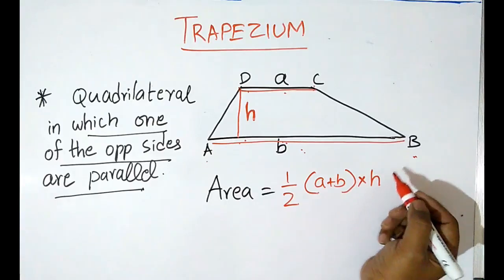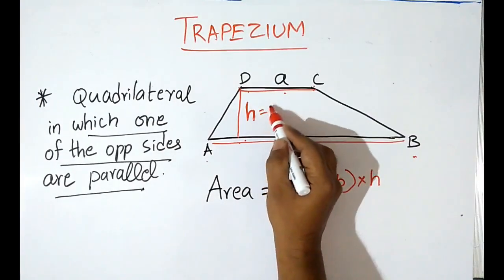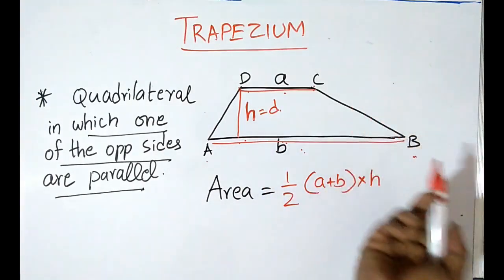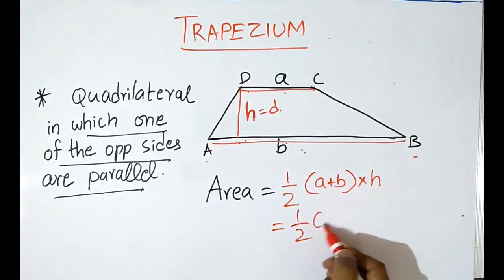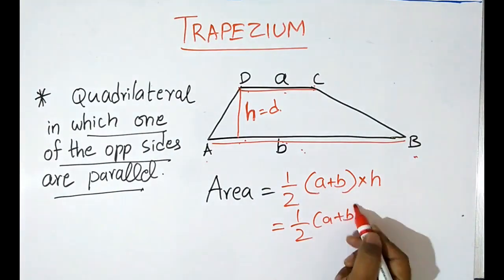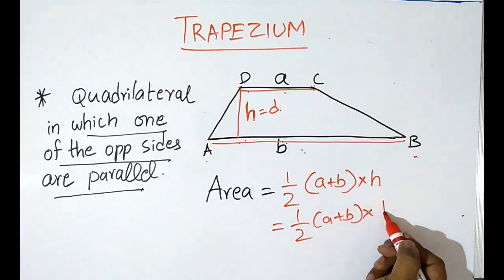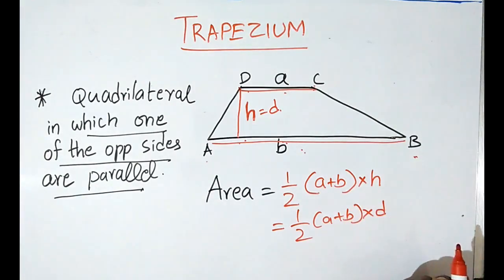So half into A plus B into the distance between the parallel sides.